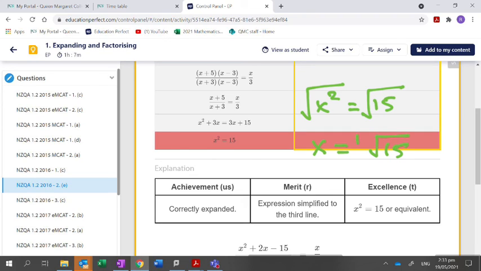It gives you x equals plus and minus. If you forget the plus and minus, you've just changed the answer. Anytime you take the square root of a number, you get a positive and a negative value when you're solving.